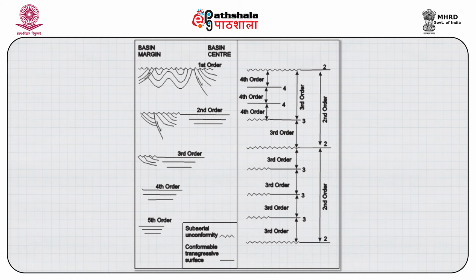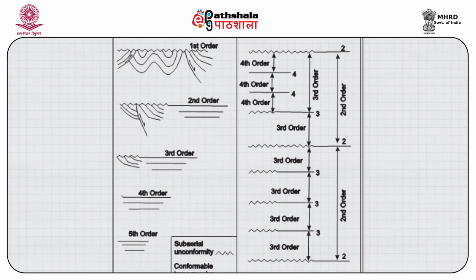This is a subaerial unconformity, which is of first order, and the second order surfaces are conformable transgressive surfaces. So, from the basin margin to the basin center, sometimes the unconformity may be correlated with its correlative conformity, which is of second order.